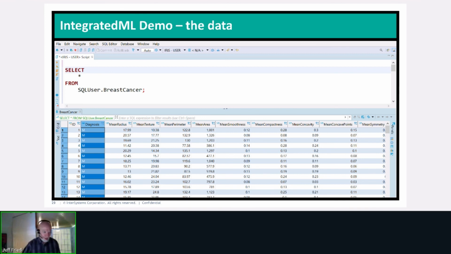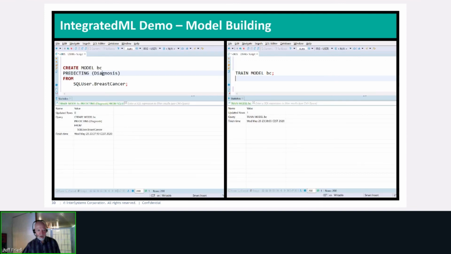If you take a look at this in action, I'm showing a case here where I'm looking at all of the data in a table of breast cancer tumors to see if they're malignant or benign. And to create a model is as simple as the syntax on the left. It's DDL, so just like you would create a table, you create a model.